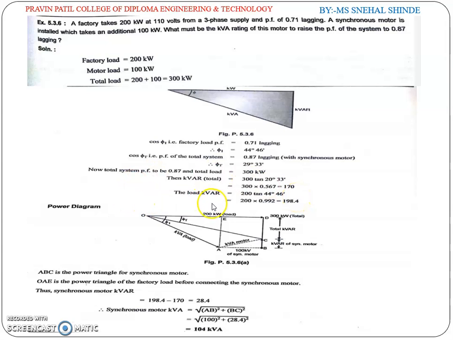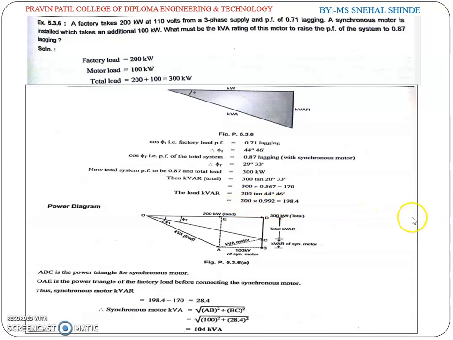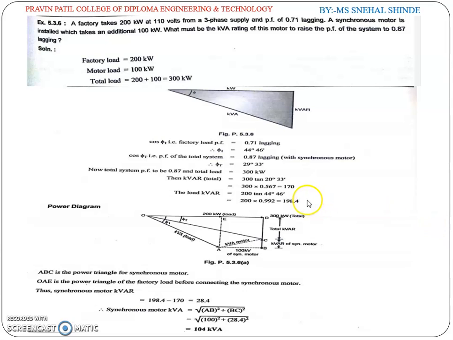Then the load kVAR equal to 200 tan 44 degree point 46, so 200 into 0.992 is equal to 198.4. So the power diagram is as shown in this figure.